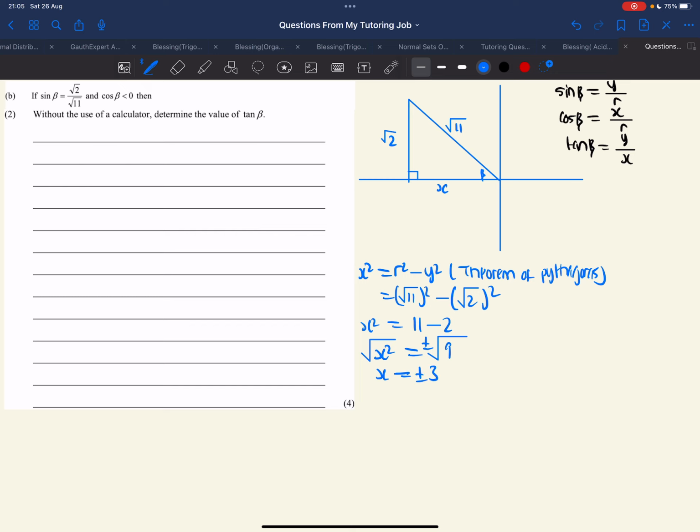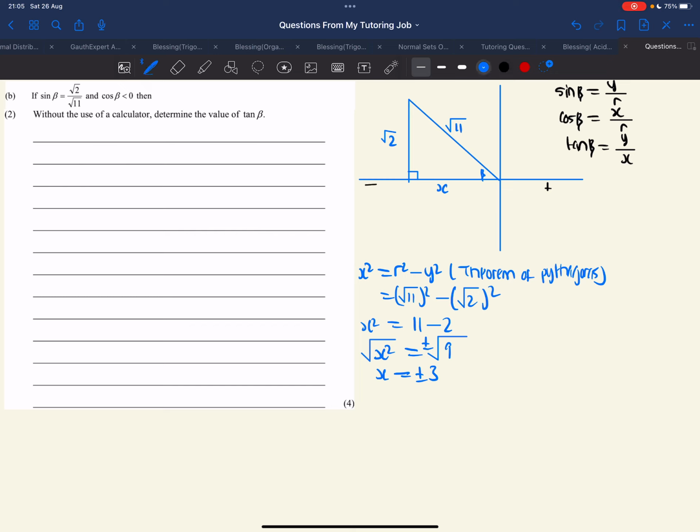But can you see that our x is actually in the second quadrant? Now remember, the x-axis is positive in the first quadrant and the fourth one, and it's going to be negative in the second and the third one.